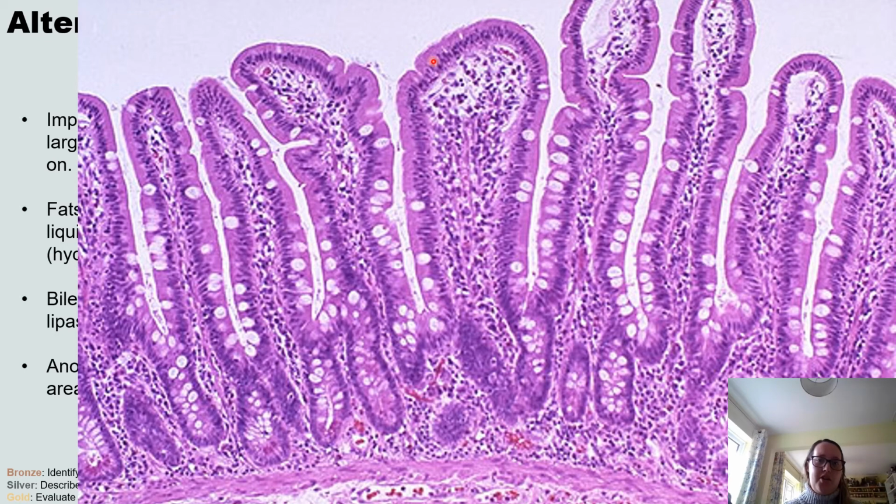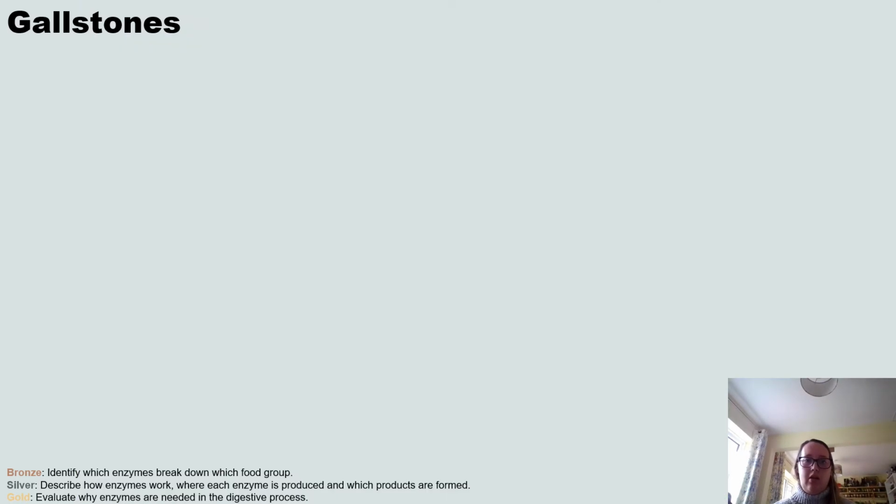So there is a large surface area, so more absorption can occur. And the ileum in the small intestine is where most absorption of nutrients occurs. So not the stomach and not the duodenum, but the ileum. And I will write that down for you. Okay, so there is the ileum there. So you can see how it's written.